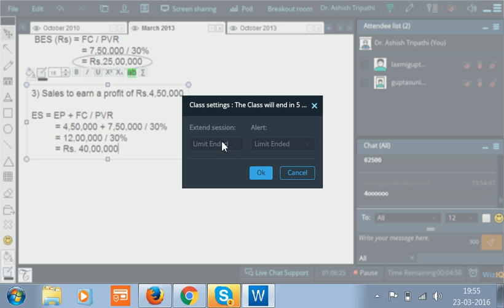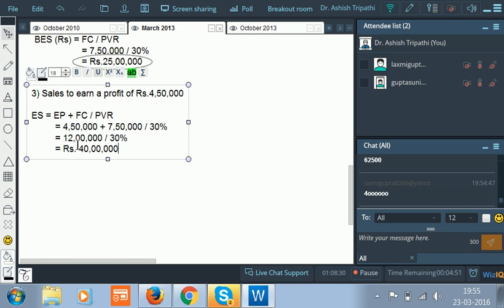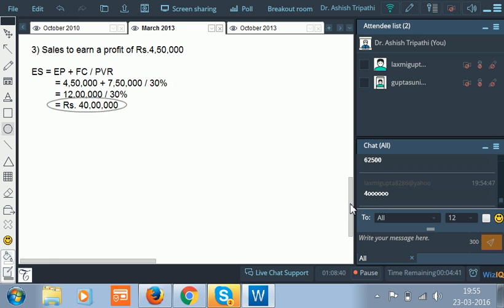Rupees 40 lakhs. So let us circle this. Let us finish the last part, because if you see the timing in the classroom, time remaining is only 4 minutes.